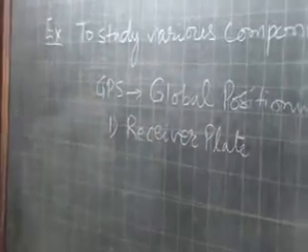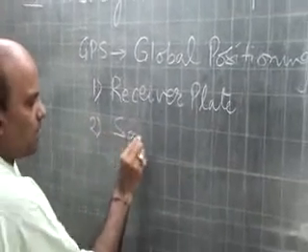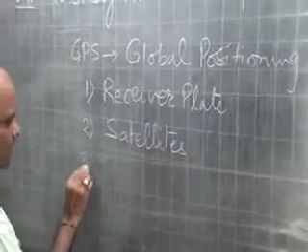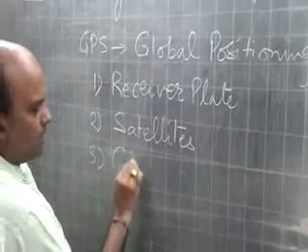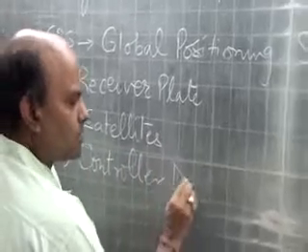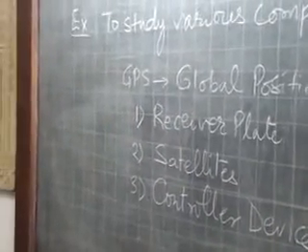Second component is the GPS satellites, and third component is the controller device. So I will explain all three of them.